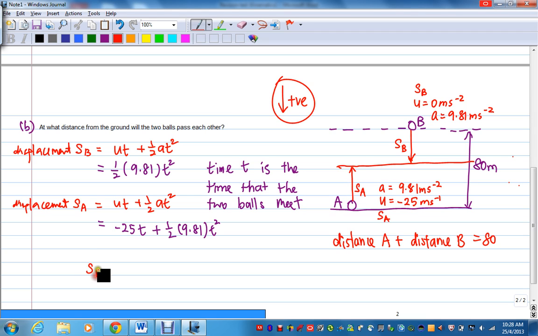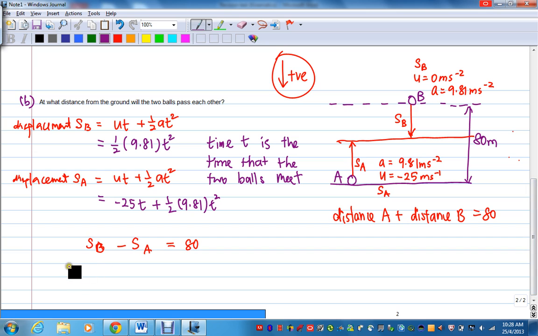The displacement of B minus the displacement of A will be the total distance traveled by A and B, which is 80. So SB is half at squared, SA is minus 25t plus half at squared, and this whole thing must be equal to 80.